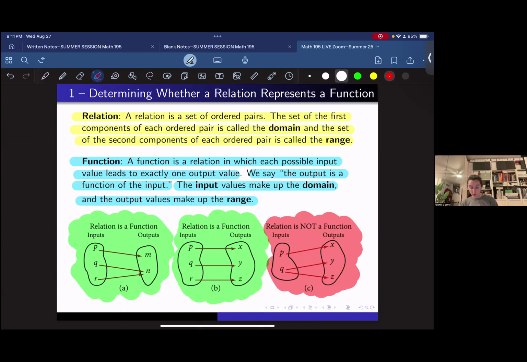Q is repeated twice. Your input Q will spit out either Y or Z. It'll give you 2 different values.